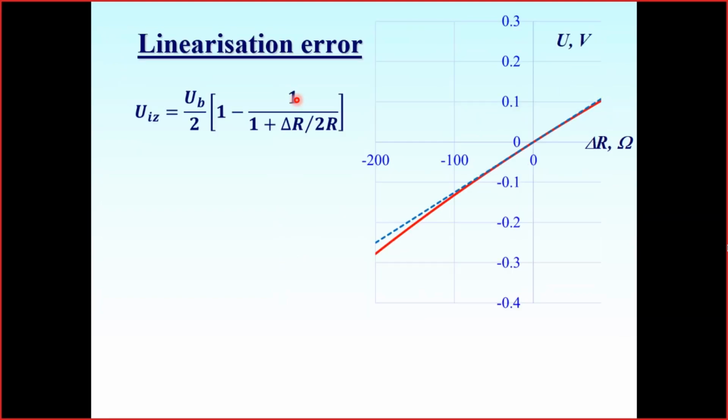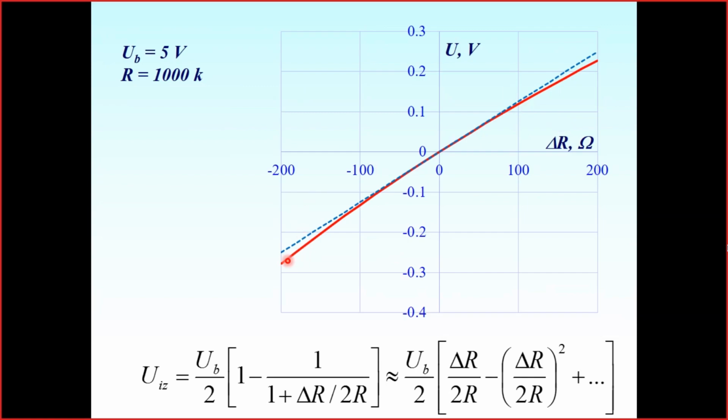Generally, we may estimate this error. If we replace the actual line, which is the red one, with a nominal line, which is a straight one, and use only this part to describe the relationship between the output voltage of the bridge and the change in resistance, we get a straight line.